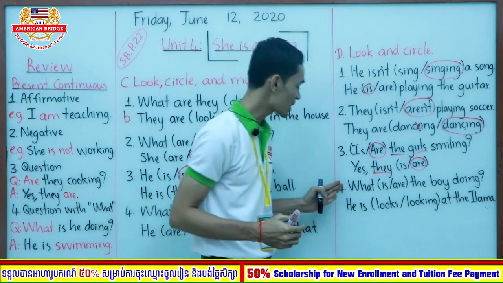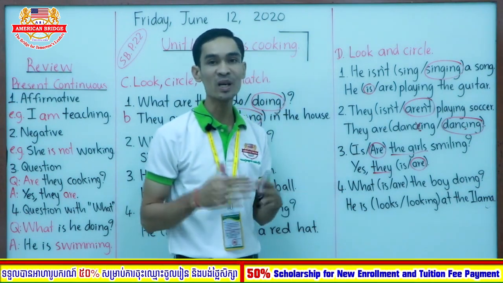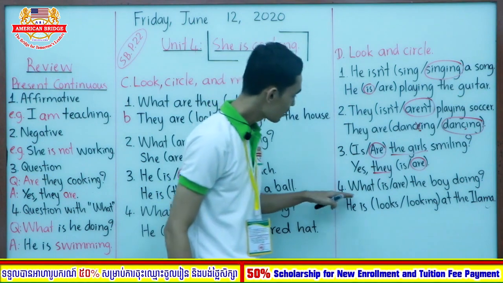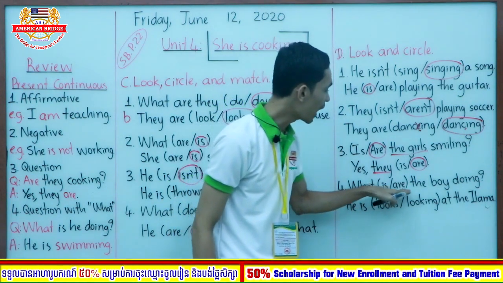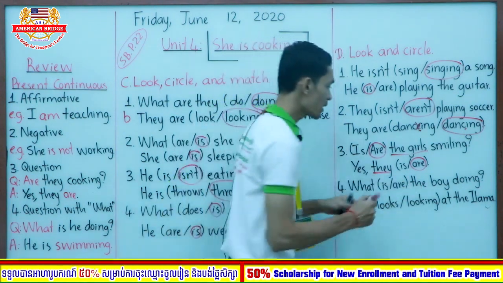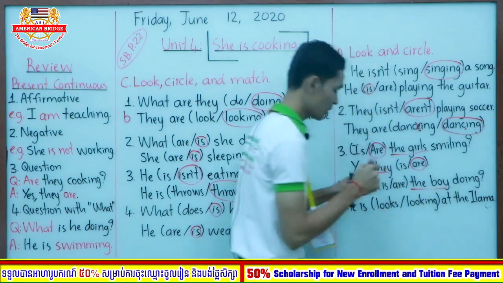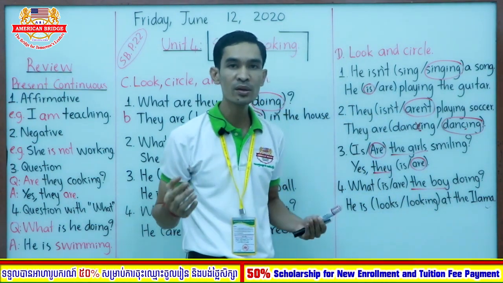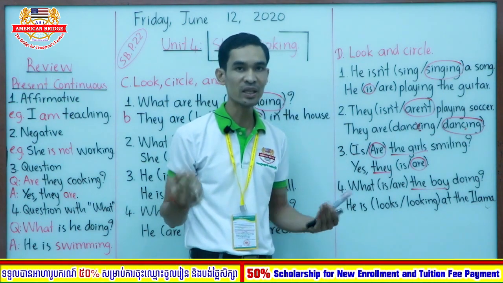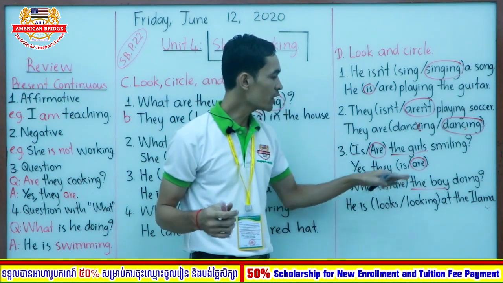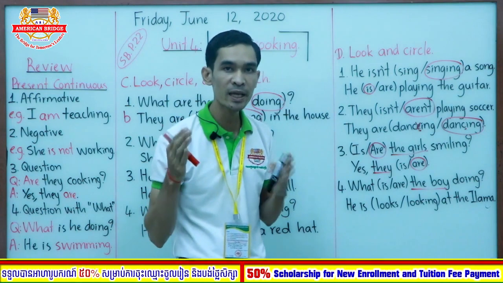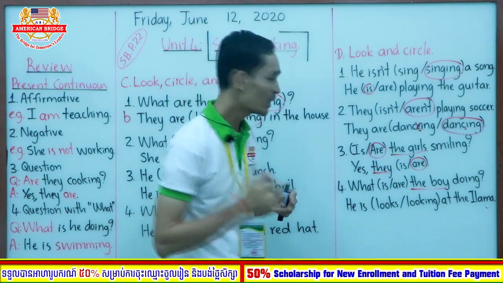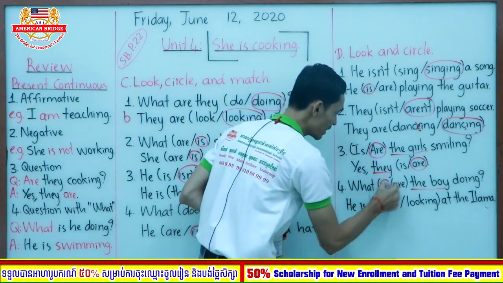Okay, so now let's go to the last part of our exercise today. What is or are the boy doing? The boy. How many boys? Only one boy, right? So one boy we refer to he, right? Okay. So if we refer to he, so he used with is or are. Very good. He used with is, right?